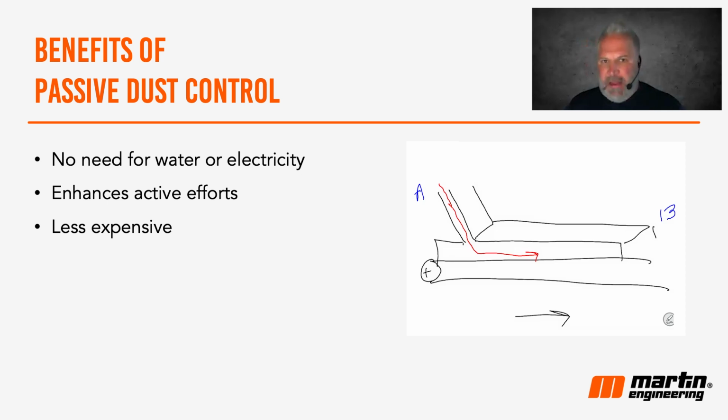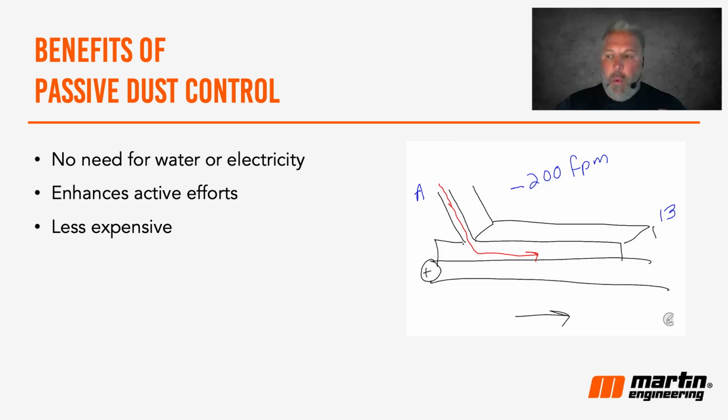And the airspeed inside this enclosure must be less than 200 feet per minute before that air gets to point B. If you can slow that airspeed to under 200 feet per minute before it exits the enclosure, typically that dust will fall out of suspension and then not be problematic for you.